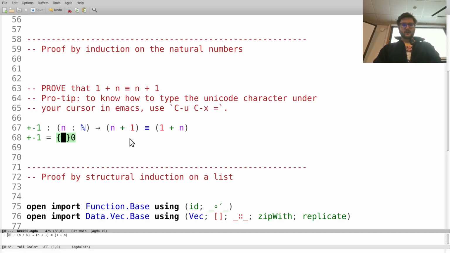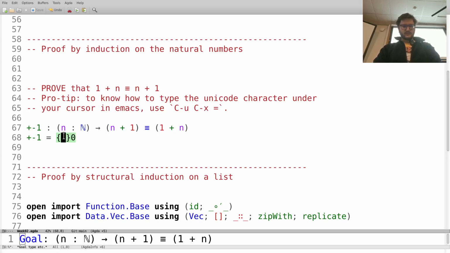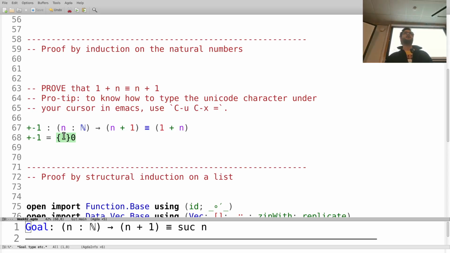So if we look at the goal here, oh, I haven't zoomed in yet. So that's the raw goal. But with a little bit of evaluation, we see that here the first argument is a concrete value. So plus knows that it's not 0.